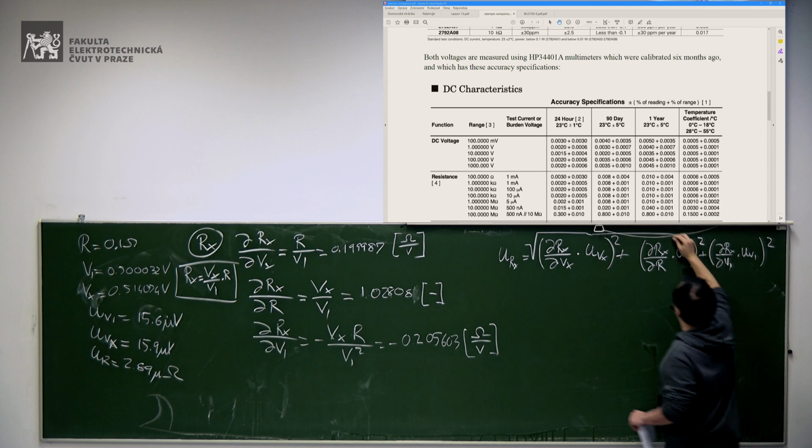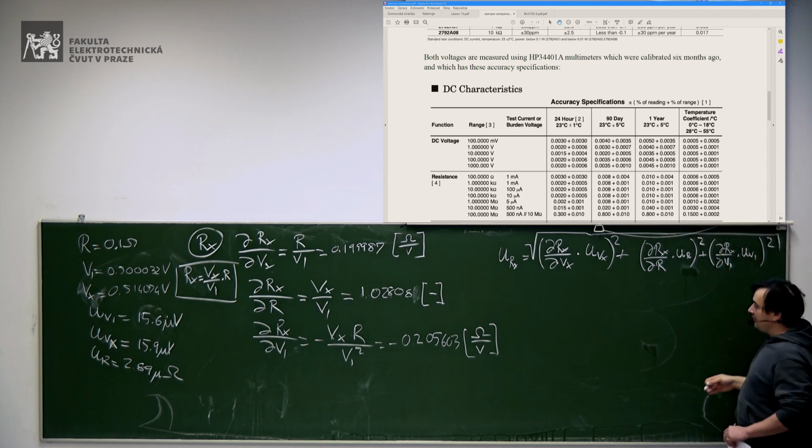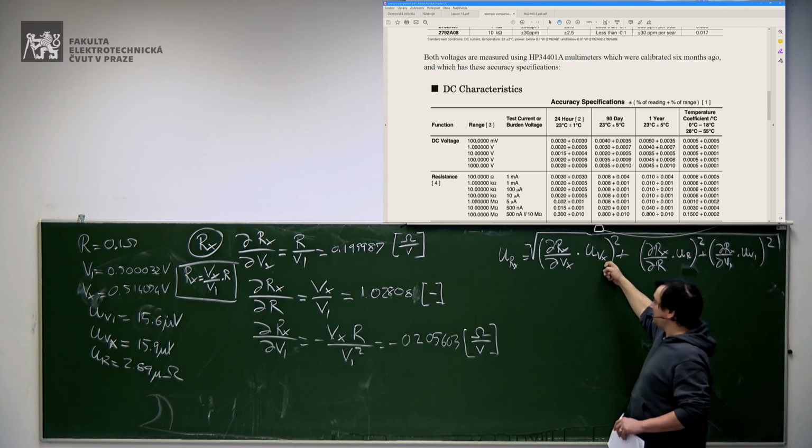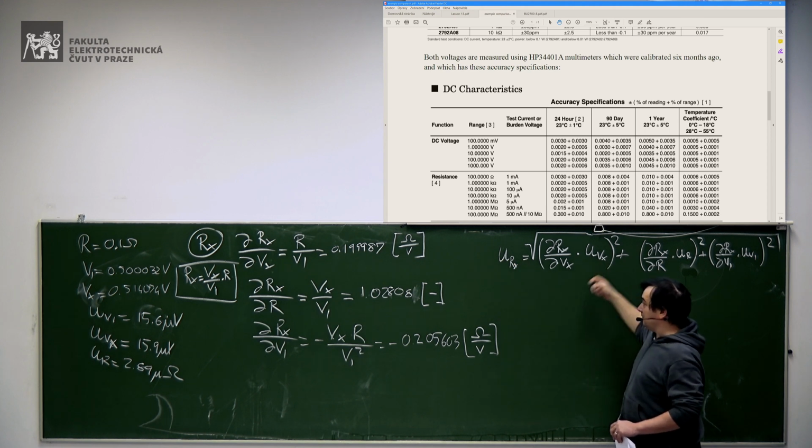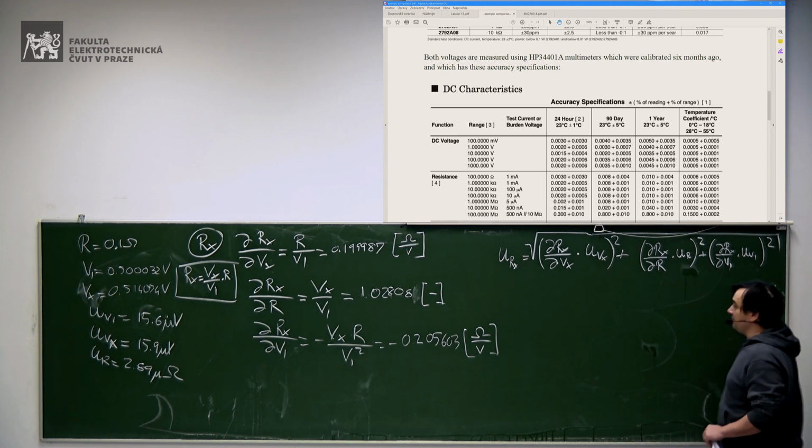We have already done it multiple times, so you know that the derivatives tell you how much each uncertainty will affect the uncertainty of the final measurement, okay?